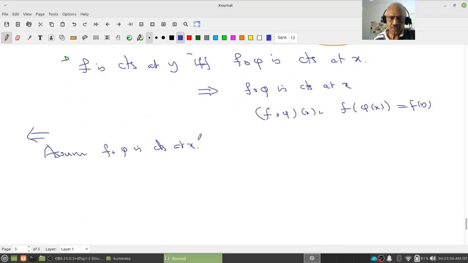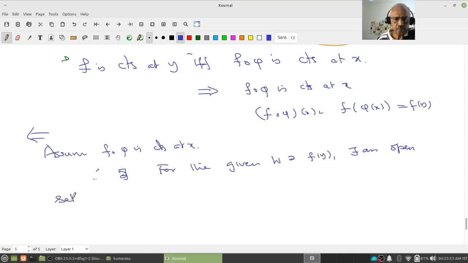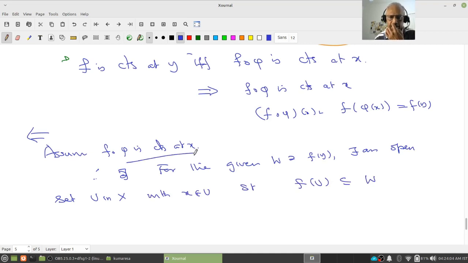Therefore, for the given W containing f of y, there is an open set U in X with x in U so that f of U is contained in W. This is by continuity. Sorry, not f of U, sorry, f composite phi of U is contained in W, right?